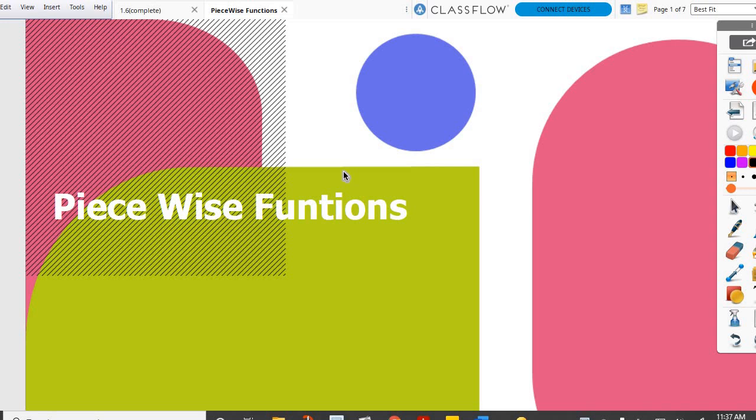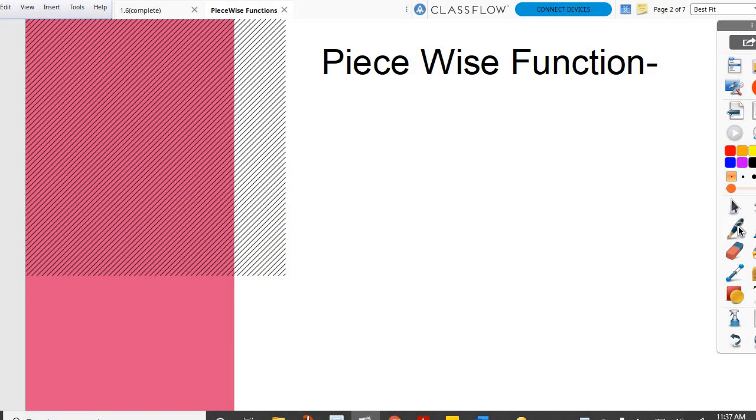Alright, so what does a piecewise function sound like it is? Pieces. Pieces that make up a function. Okay, context clues, you know, we can break it apart.